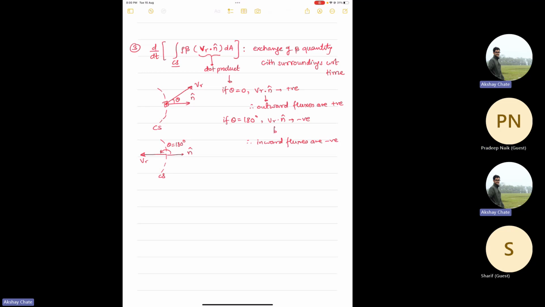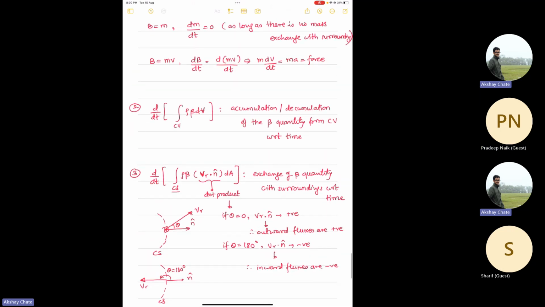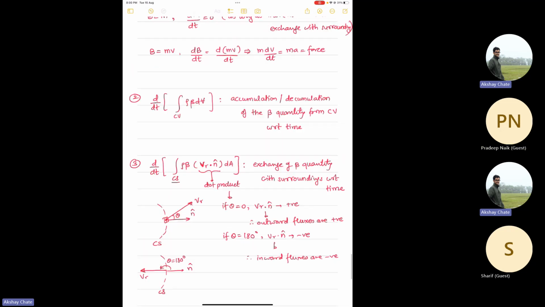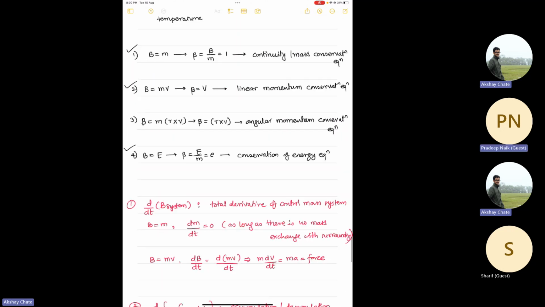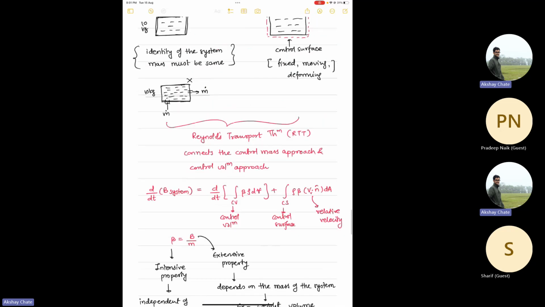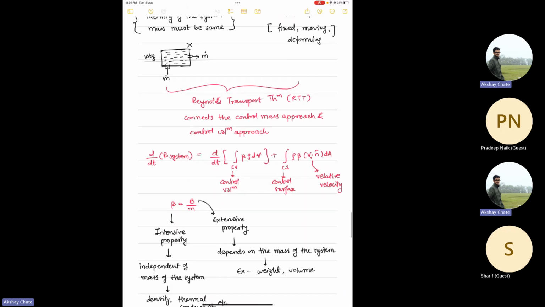Maybe just look at these terms whenever you have free time, or maybe next class, it will be better. But see, in a nutshell, what I'm trying to say is, if you consider RTT, this volume integral is a signifier of accumulation or depletion of any quantity in the control volume.